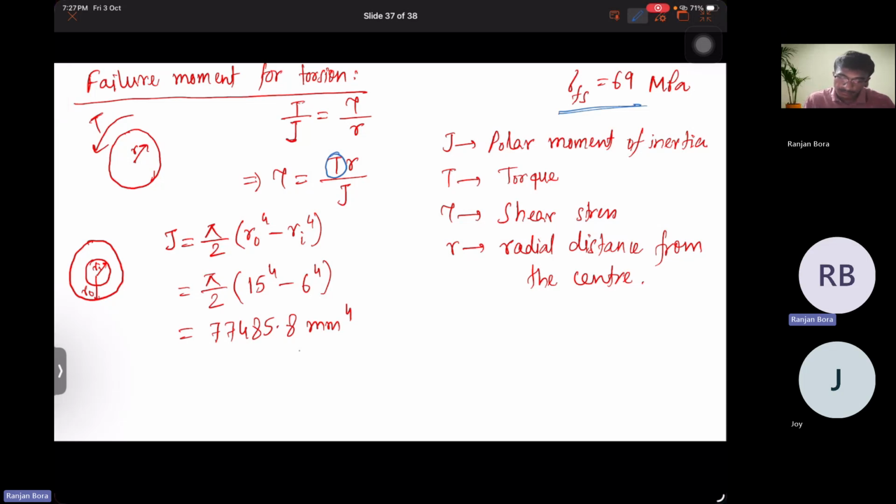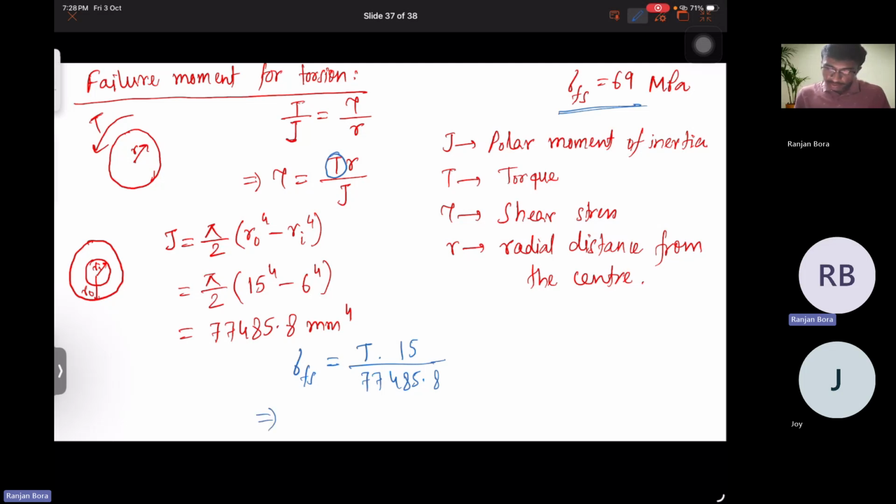So sigma Fs equal to T multiplied by R divided by J. R will be the value of R naught, the outer radius, so R naught is 15, divided by J, the polar moment of inertia, 77485.8.